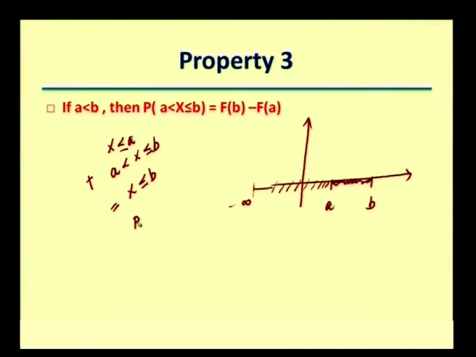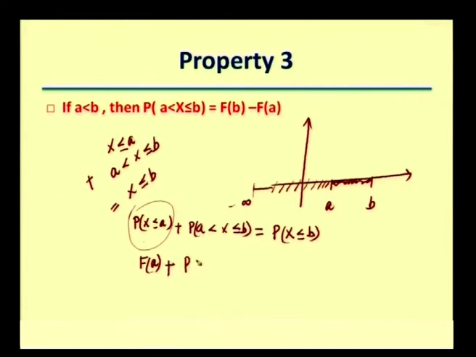So, mentioning this in terms of probability, p of x less than or equal to a plus p of a less than x less than or equal to b ultimately gives you p of x less than or equal to b. Okay. According to the definition of cumulative distribution function, p of x less than or equal to a represents F of a, and I keep p of a less than x less than or equal to b as it is, and p of x less than or equal to b, again according to the definition of cumulative distribution function, represents F of b.